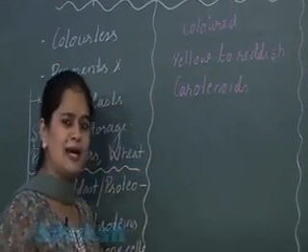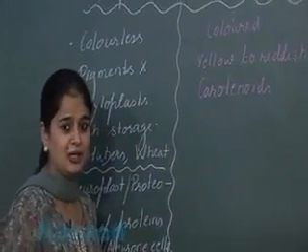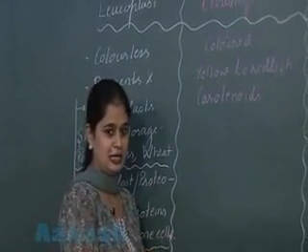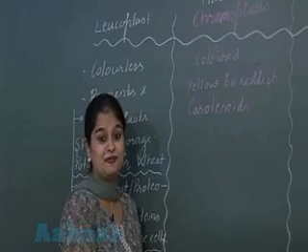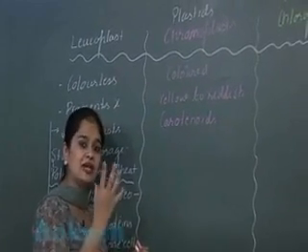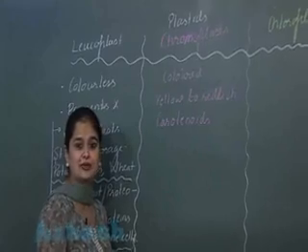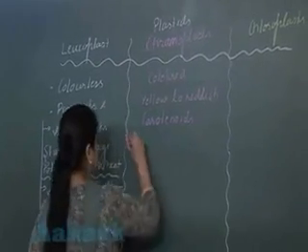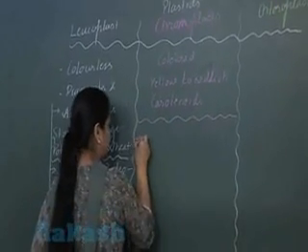Now see what the function of these chromoplasts is. Chromoplasts give color to the flowers. Due to the colorful flowers, insects are attracted, and this helps in pollination. So one of the functions is that they provide color to the flowers.